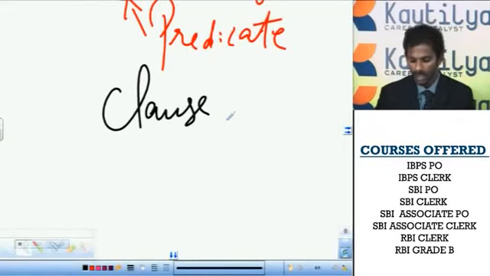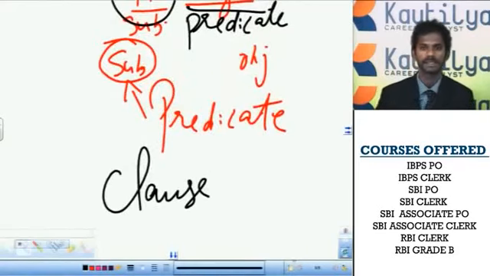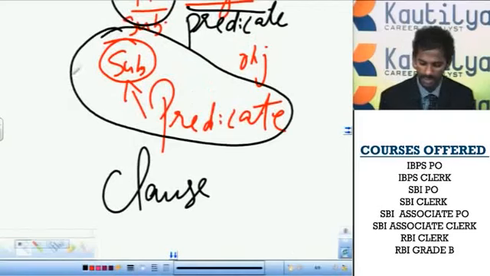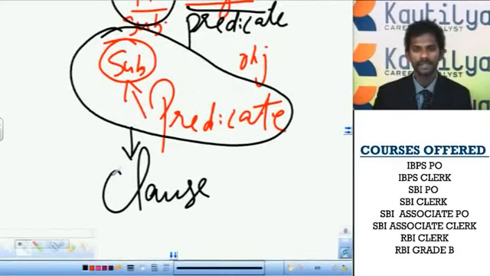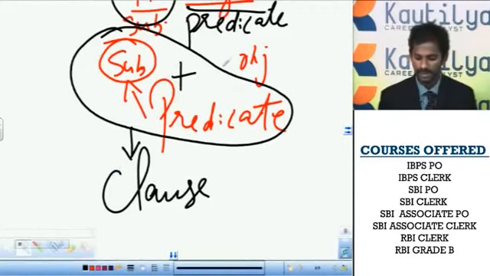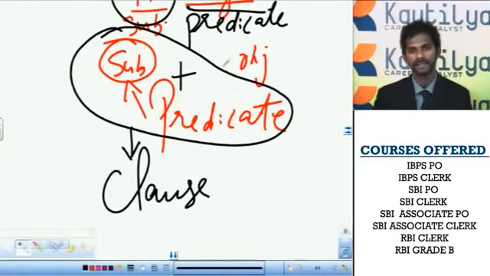Now, a clause is a part of a sentence containing a subject and a predicate. That means clause is subject plus predicate. Subject plus predicate is termed as a clause, right?